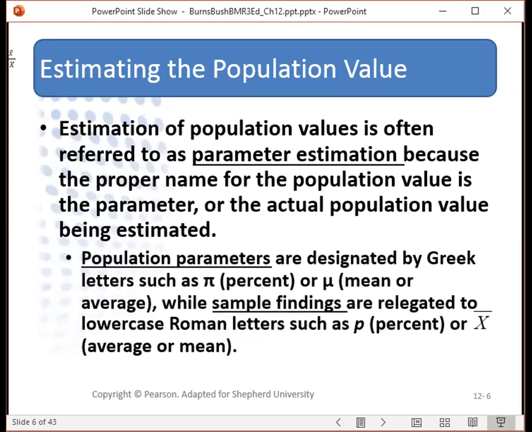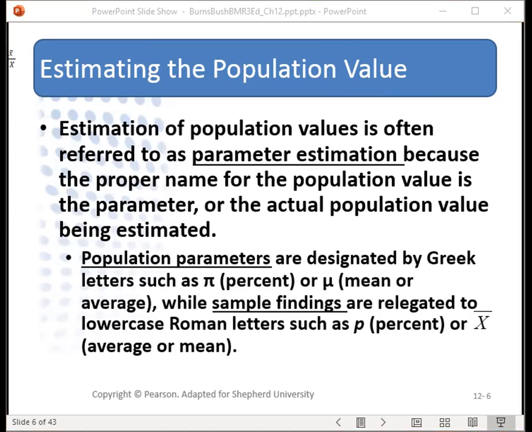Estimation of population values is also called parameter estimation, because we're estimating a population parameter. Population parameters are denoted with Greek letters, such as pi for percent or mu for mean. Sample findings, on the other hand, are denoted with lowercase Roman letters, such as p for percent or x bar for average or mean.